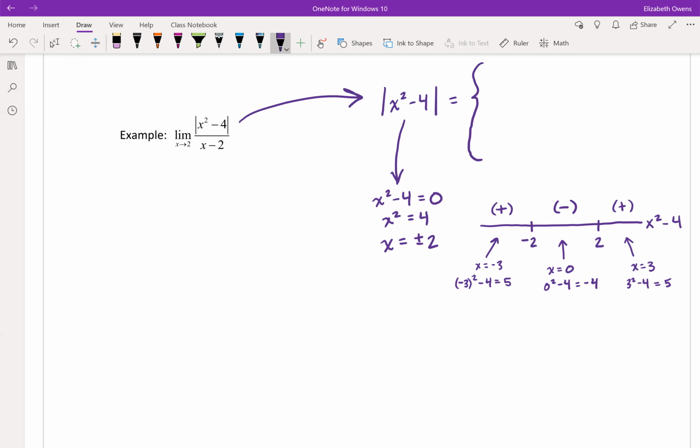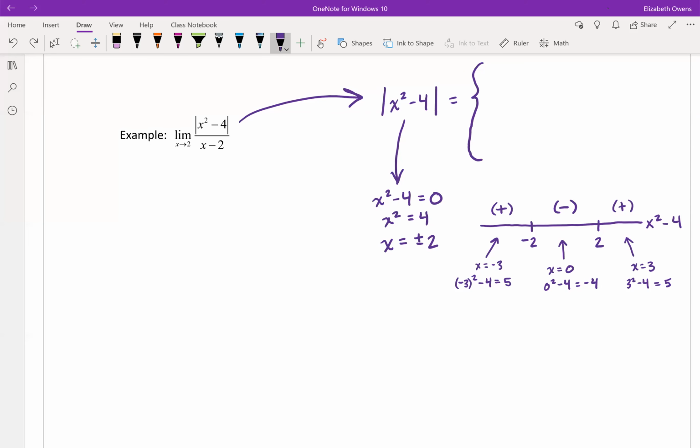Now, we want to think about the absolute value of x squared minus 4. That's what we're really interested in. But we know what the interior is doing, so we've just got to take the absolute value of that. Now, the thing about absolute values, if you'll remember, is that an absolute value always returns a positive result because it's measuring a distance away from 0.